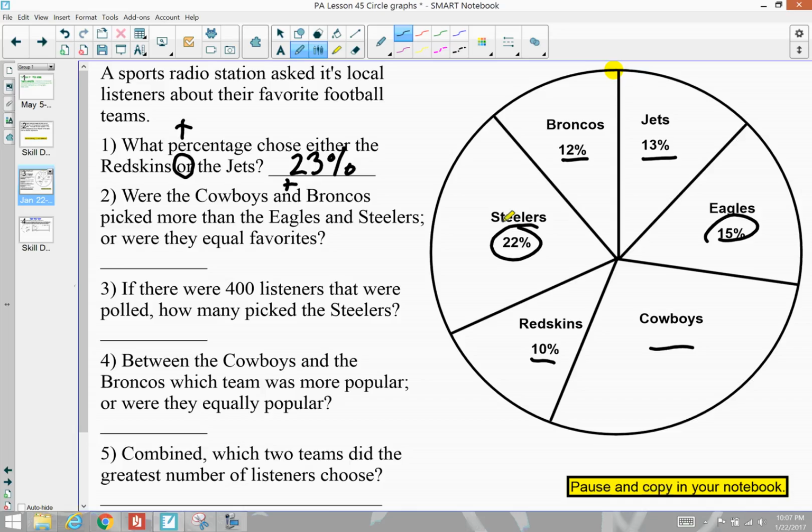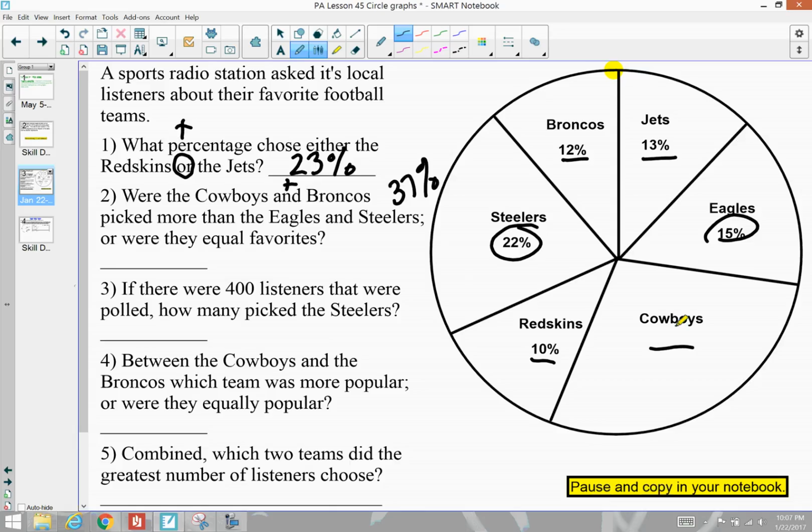Let's do some calculation. The Steelers and the Eagles combined is going to be 37%. And now we don't know the Cowboys. So how could we get the value for the Cowboys? That's right. We're going to subtract.